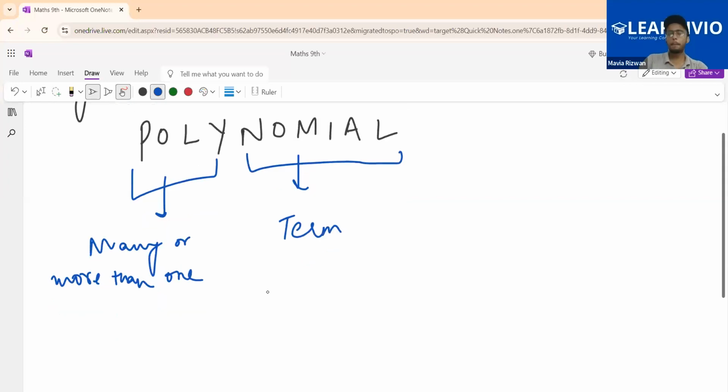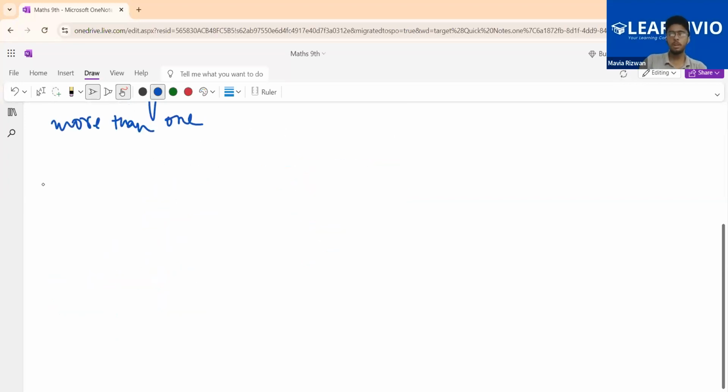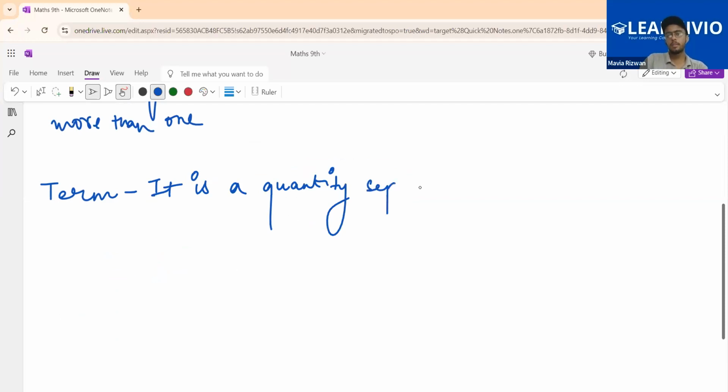Okay, but one term is also a polynomial. See, what is a term? A term is a quantity separated by a plus or minus sign.